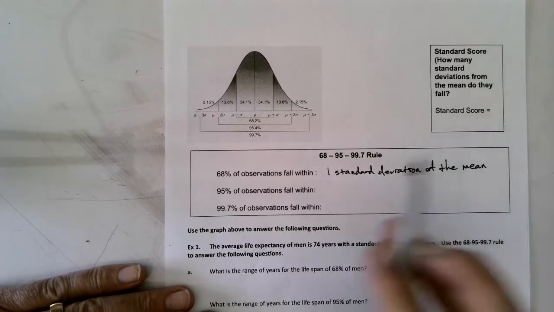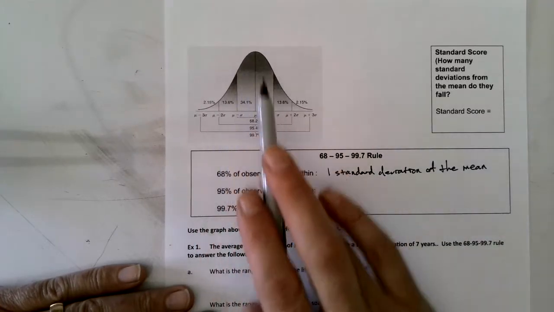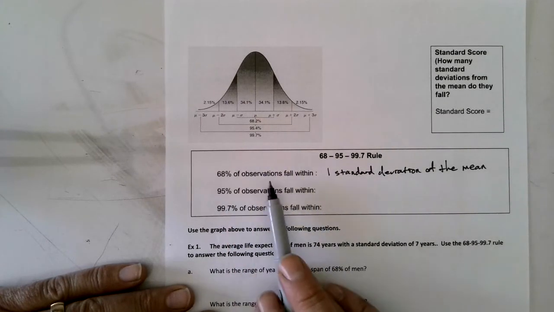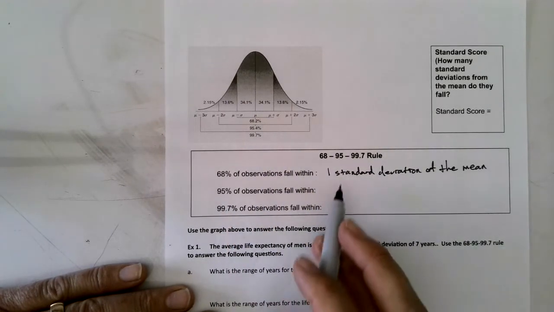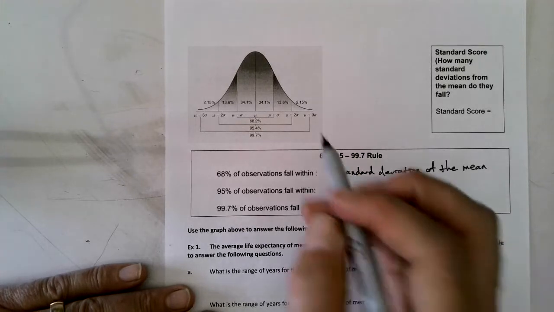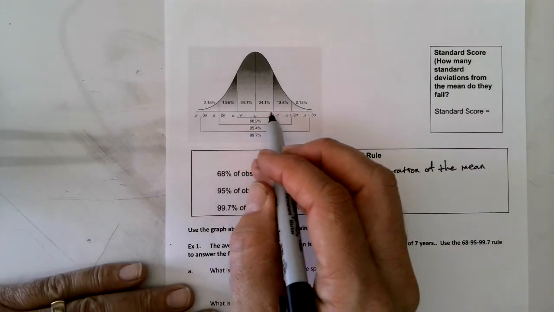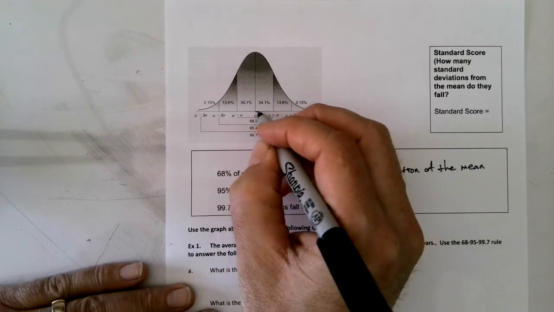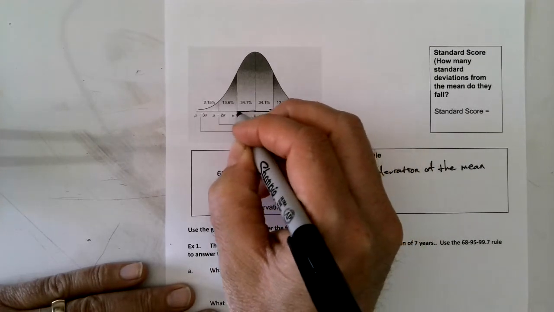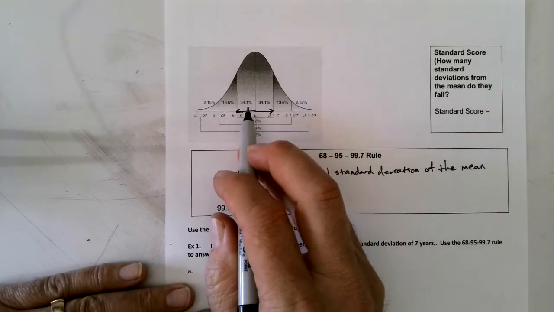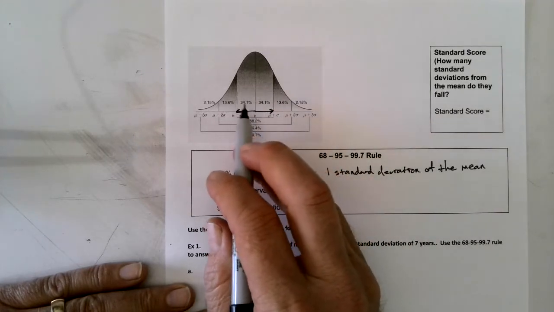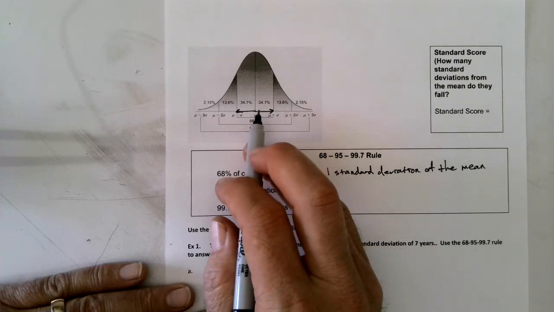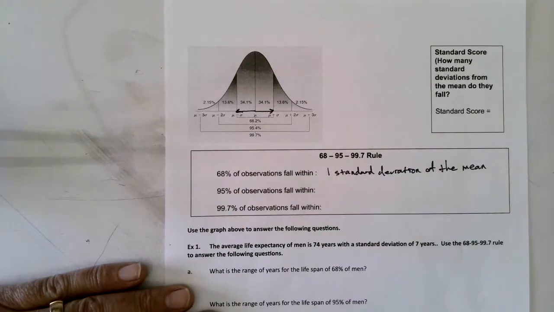Okay, so if you have a normal curve, which means then that the mean, median, mode are all at the same spot, 68% of all observations fall within one standard deviation of the mean. That means that if we go one standard deviation this way and one standard deviation that way, notice what we have here. We have 34% there and 34% there. That adds up to 68% of the data is within that one spot, one standard deviation from the mean.